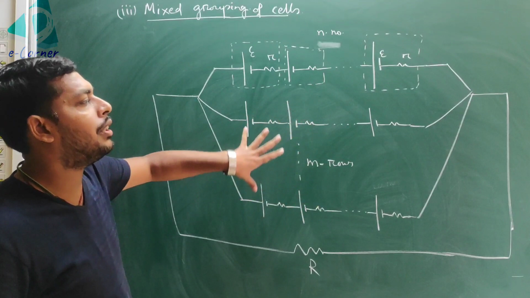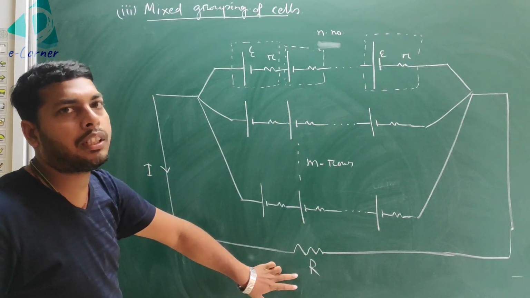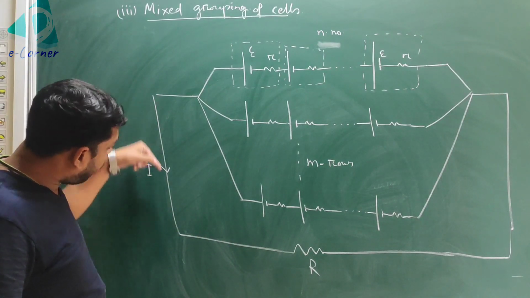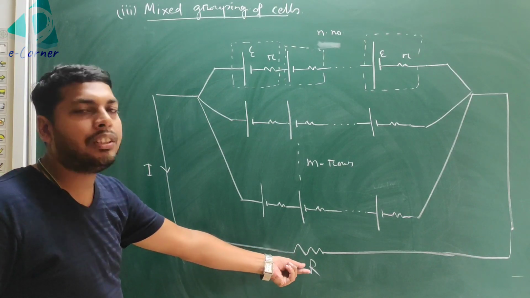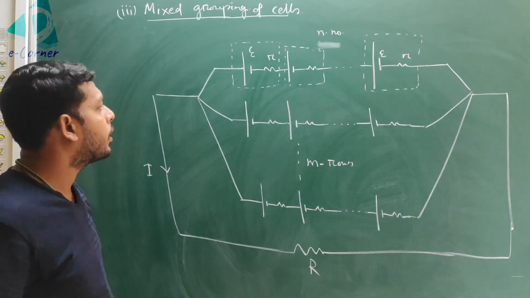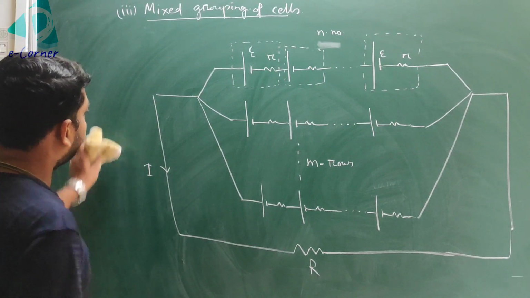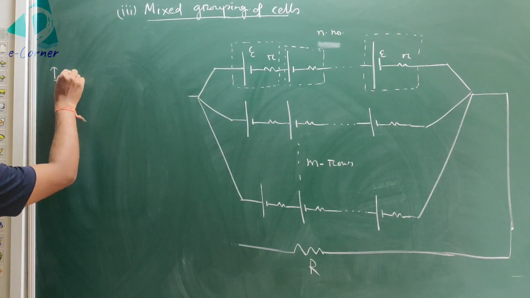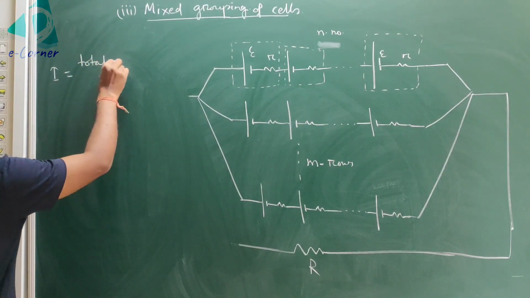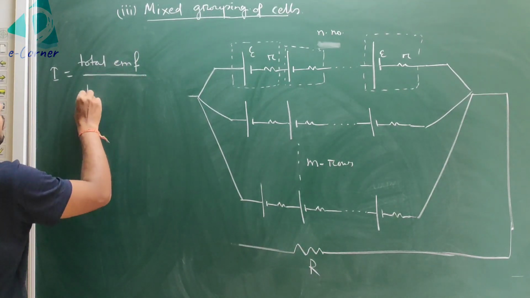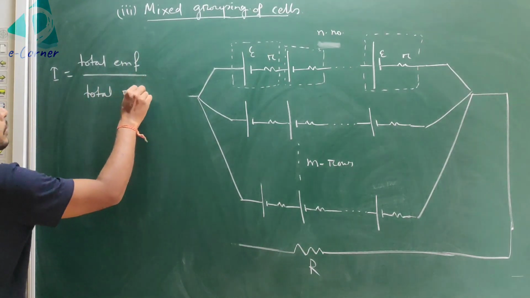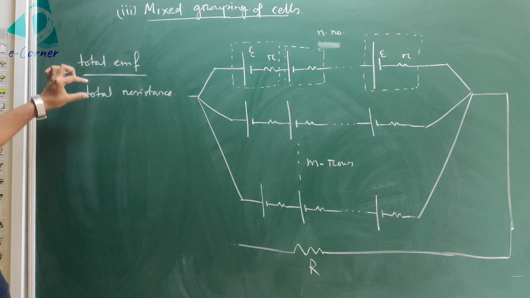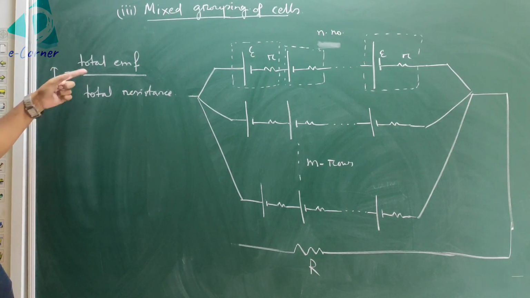This combination is connected through an external resistance capital R, and we are going to find the current flowing through this main circuit, or flowing through the external resistance R. As we know, current I is equal to total EMF by total resistance. We have to calculate one by one. First we calculate the numerator, then the denominator, then we divide.